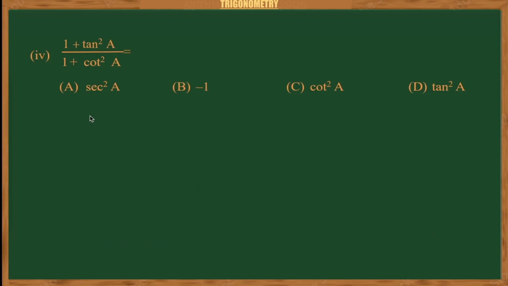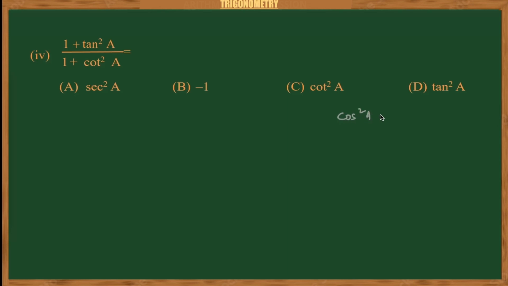Okay, students, in this next question we have 1 plus tan square A divided by 1 plus cot square A. So we need to see first, does it fit in any of the three formulas which we have discussed. So let me jot it down here once again.